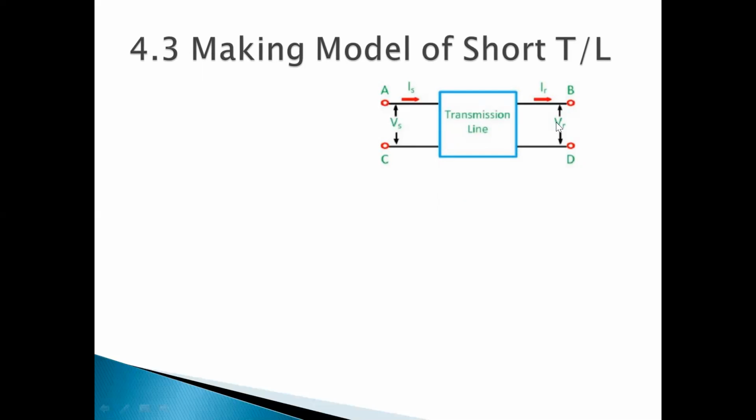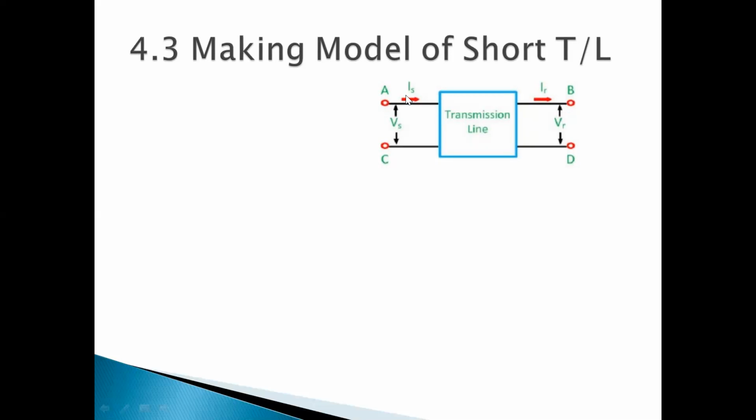These four things we consider as variables, because sometimes the sending end voltage is different, and then the receiving end voltage will also be different. If the sending end current is different, then the receiving end current can also be different. But the other components, resistance, reactance and capacitance, depend upon length, so they will be constant.